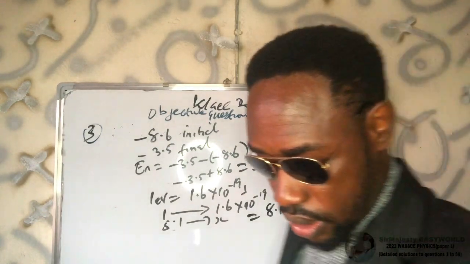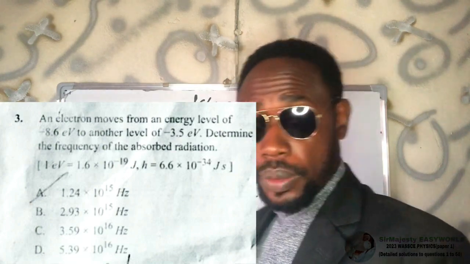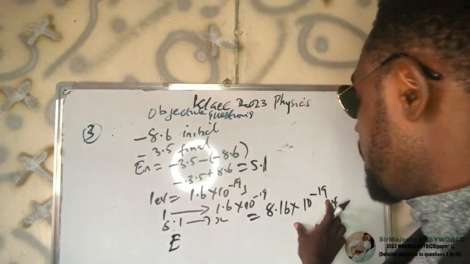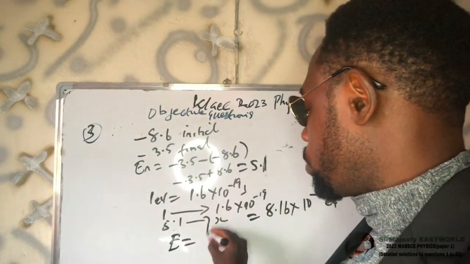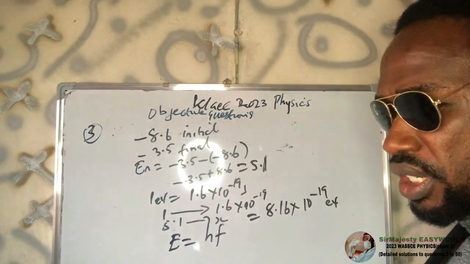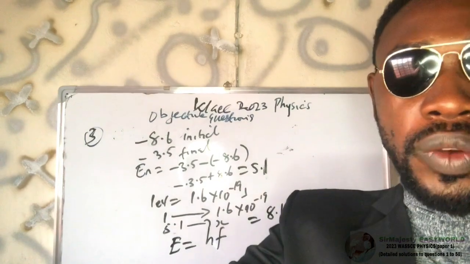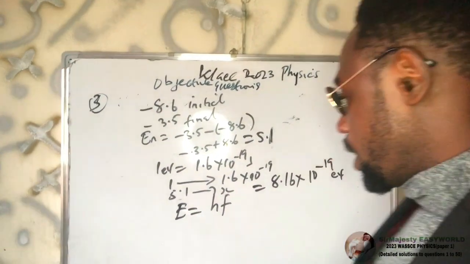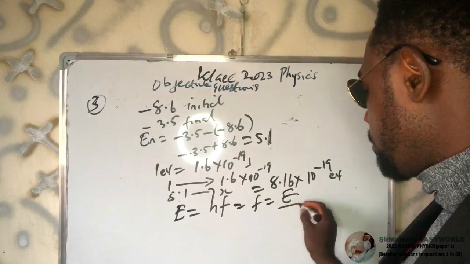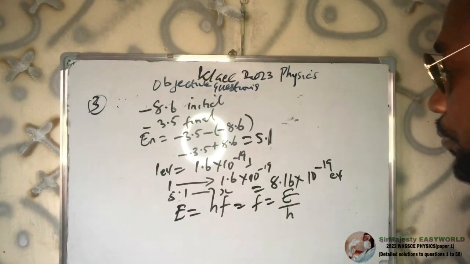And then the question is asking us to calculate the frequency of the radiation absorbed. So we are going to bring a formula that connects energy and frequency. This is the total energy. Energy is equal to Planck's constant times frequency. So we are going to make frequency the subject of the formula, such that frequency is energy divided by Planck's constant.